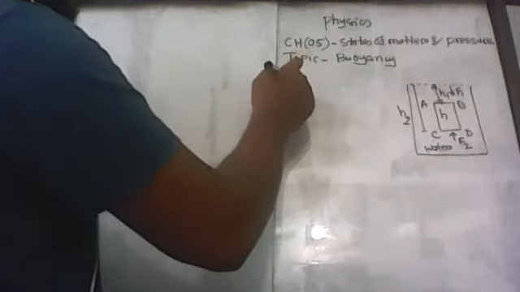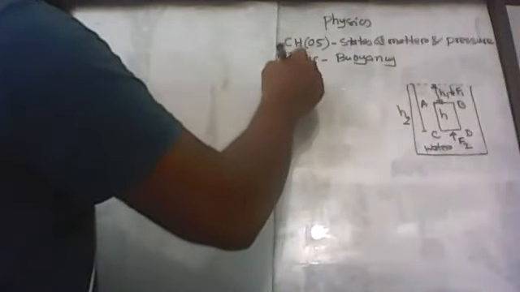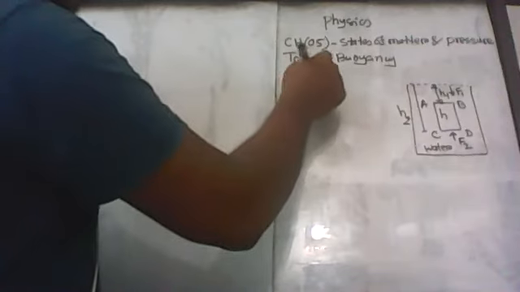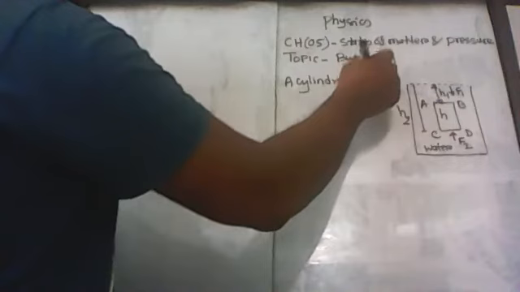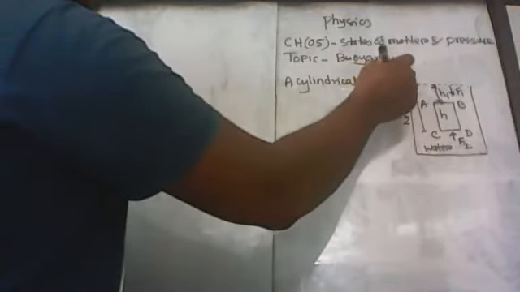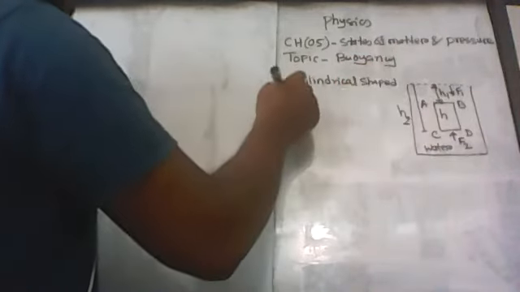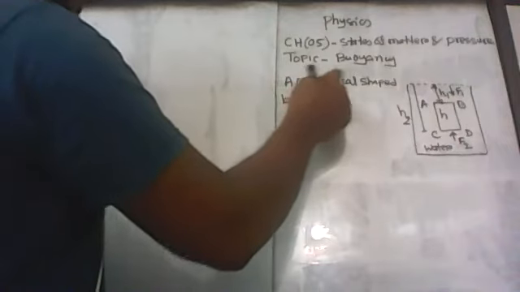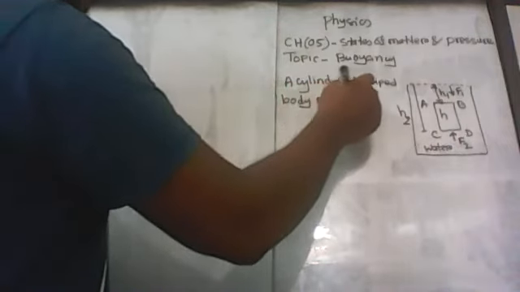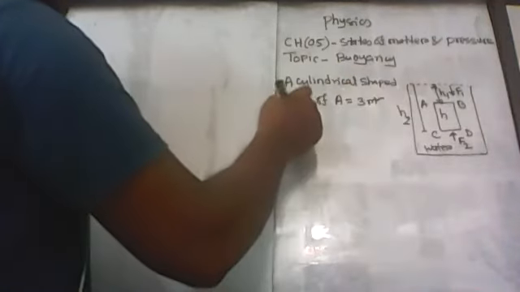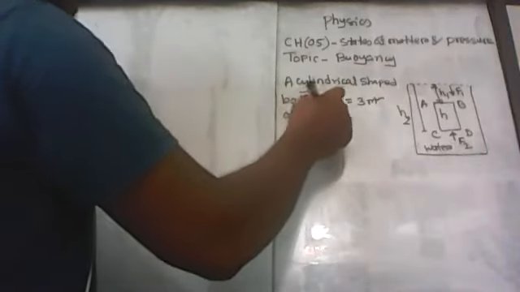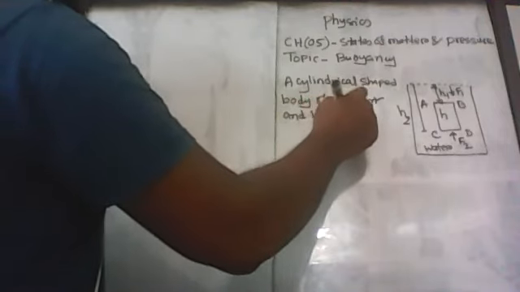Here, the given information is: a cylindrical shaped body of A equal to 3 meters square and H equal to 5 meters.